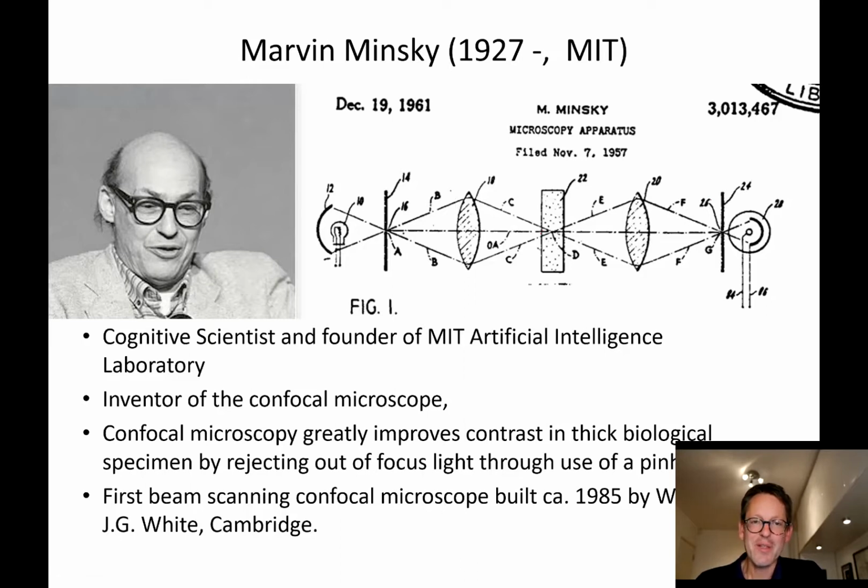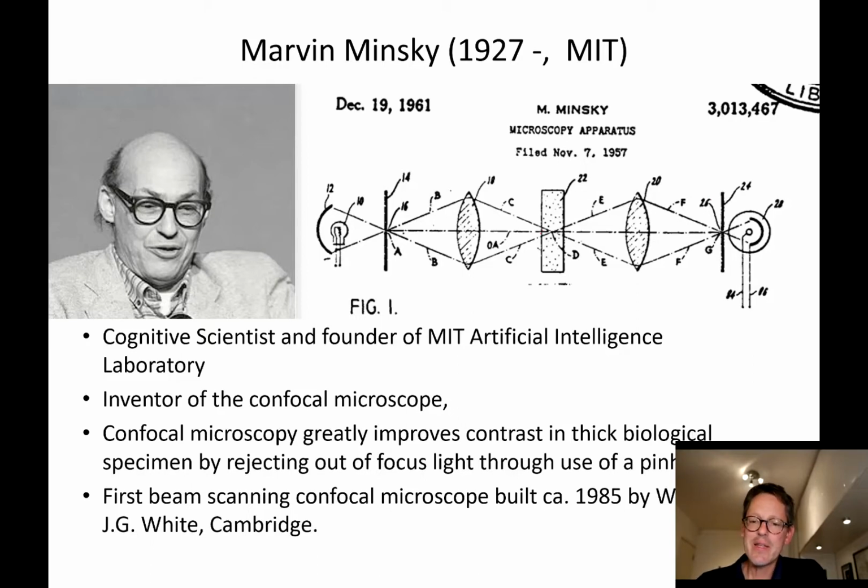But in fact, the first units that are useful or resemble the commercial units you can buy today were built here in Cambridge by two scientists, Brad Amos and John White, who were at the LMB, the Laboratory of Molecular Biology here in Cambridge.